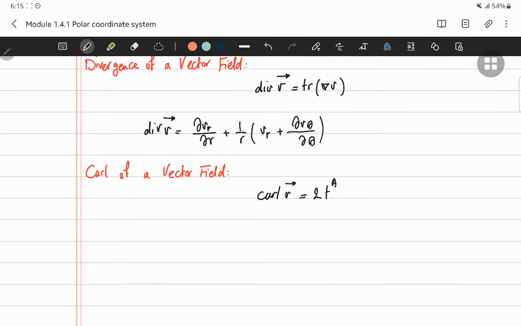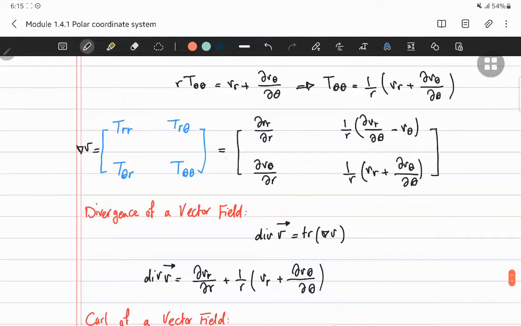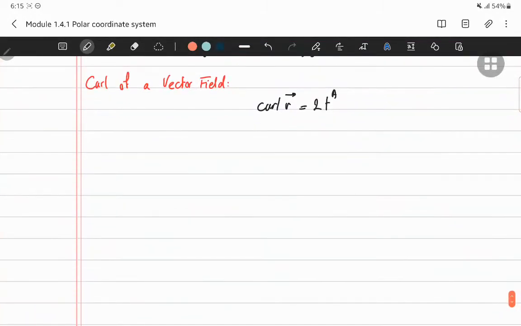The dual vector was coming from the antisymmetric tensor. So if I have this tensor, and I find its antisymmetric part, T^A, it was T minus T transpose divided by 2.